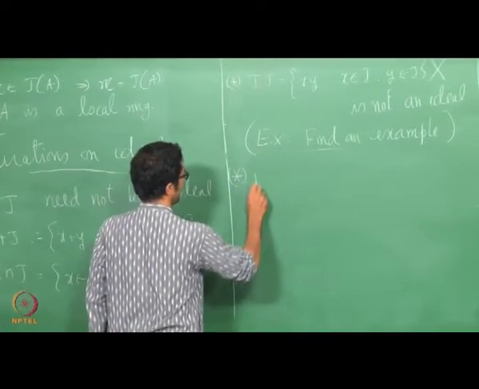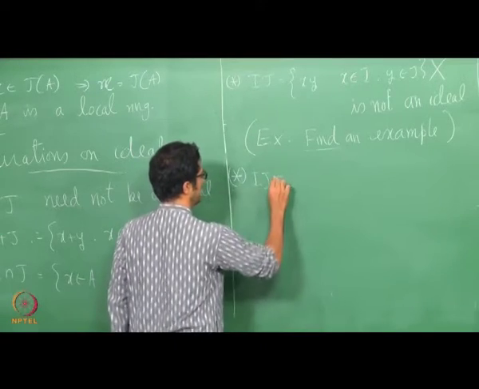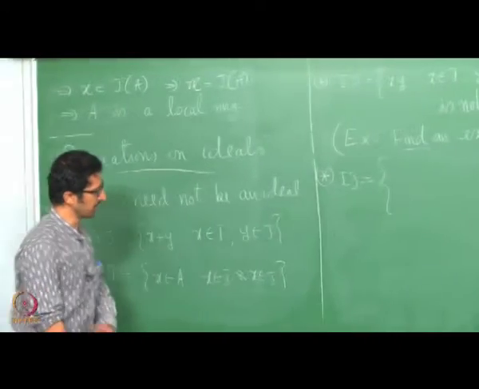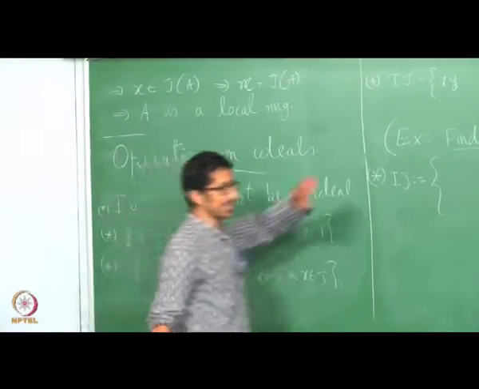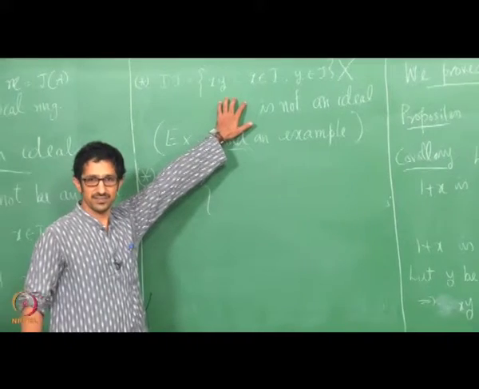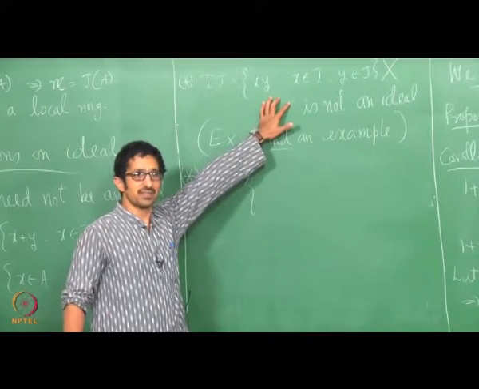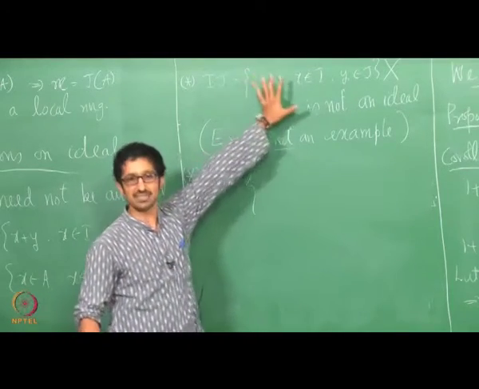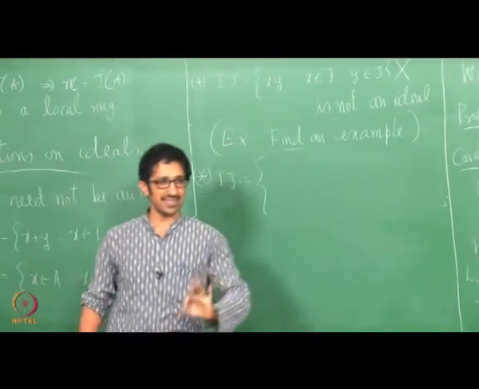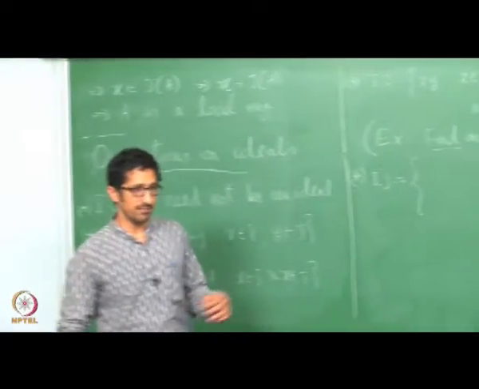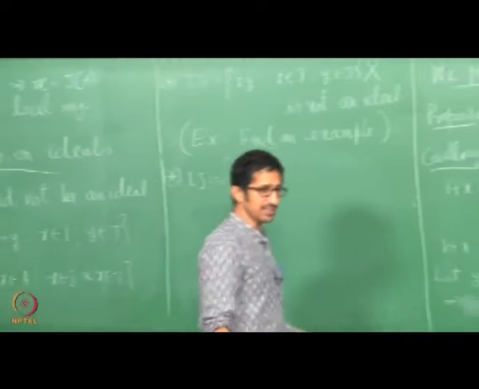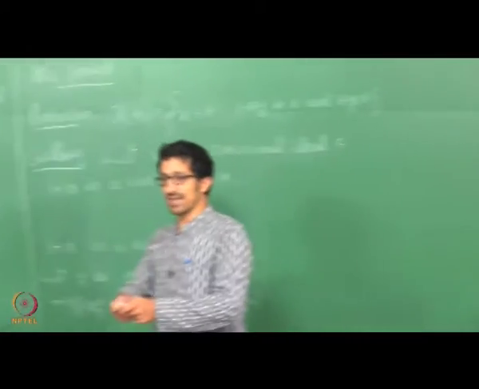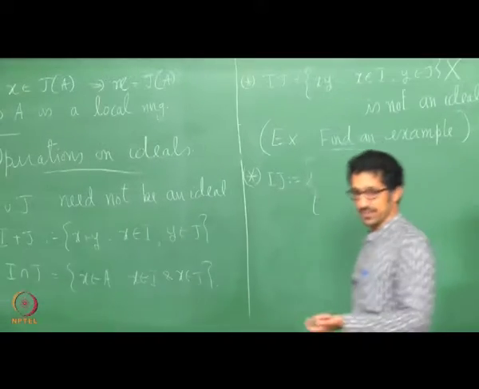What we do is, IJ, I define it to be the ideal generated by this, or in other words, the smallest ideal that contains all these products. As we saw, if you take individual products, it does not form an ideal.